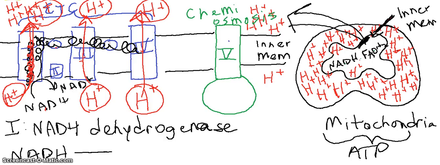It in turn causes one hydrogen to be moved up into this outer matrix, causes yet another one to be moved up, and then finally a third one to be moved up. So what we've done here is we've pumped 1, 2, 3 hydrogens from a region of low concentration to a region of high concentration from the oxidation of that one NADH molecule.